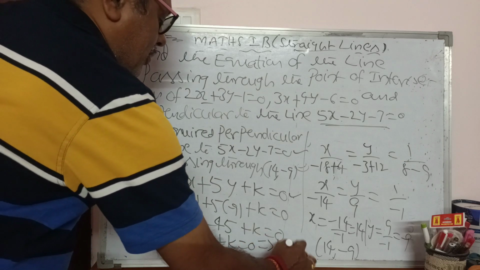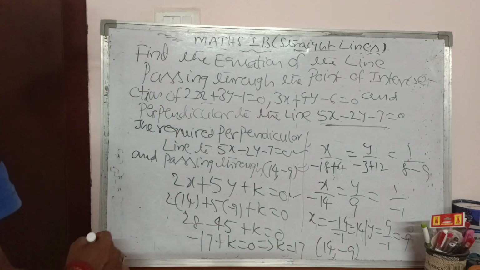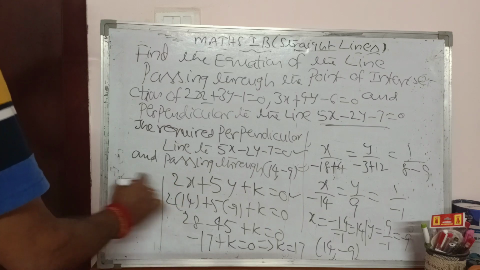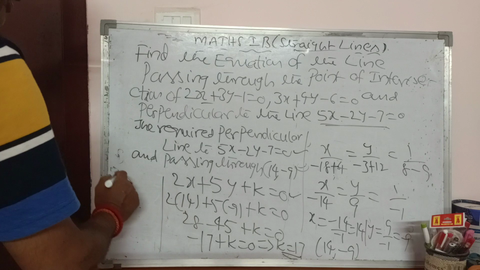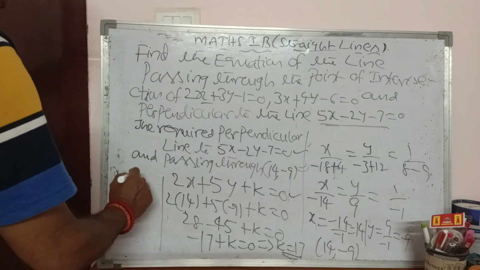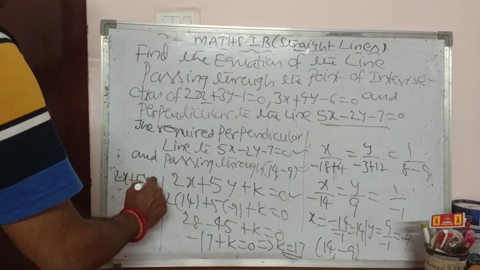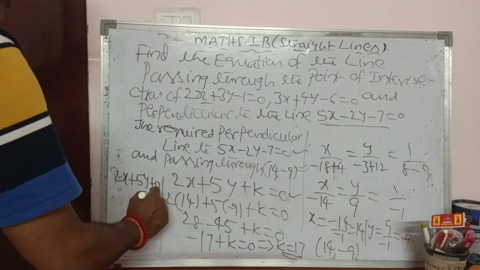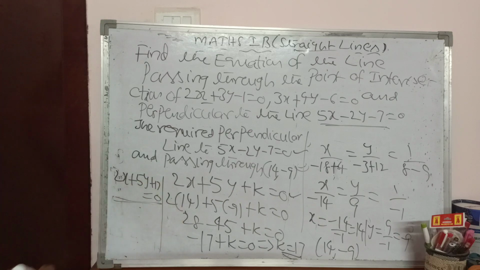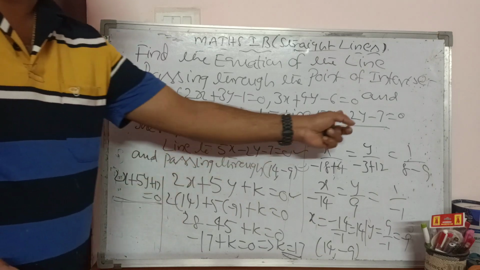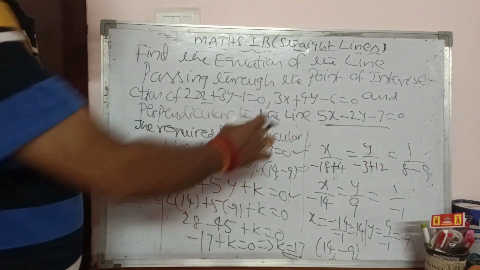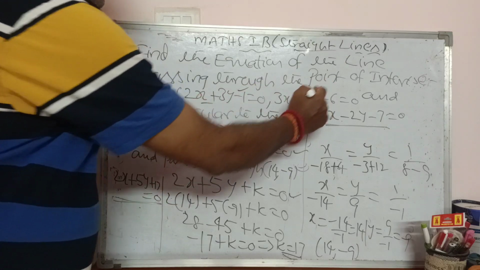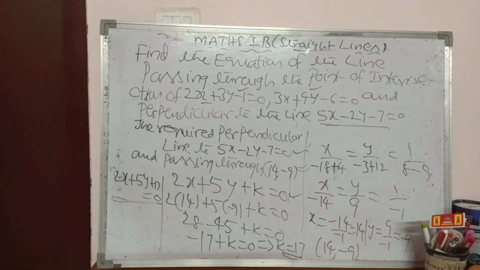This implies k equals 17. Therefore the required perpendicular line is 2x plus 5y plus 17 equals 0. This is the line which is perpendicular to this line and passing through the point of intersection of these two lines.